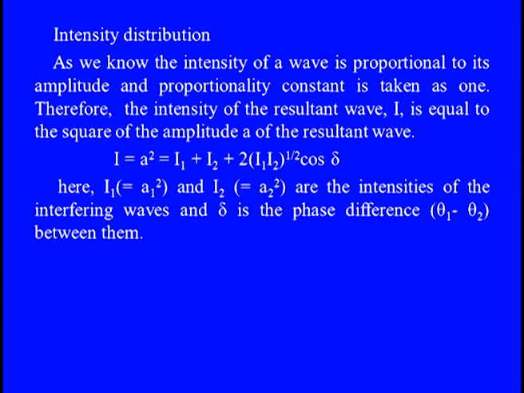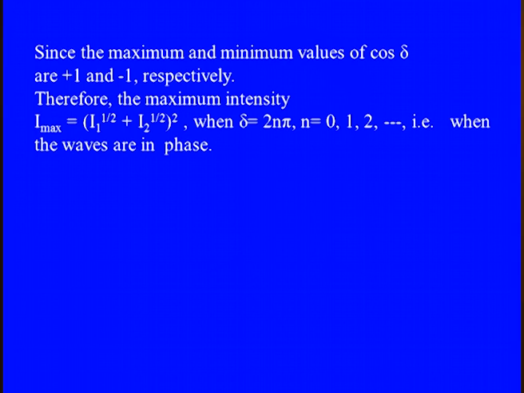Here I1 is equal to A1 square and I2 is equal to A2 square, the intensities of the interfering waves, and delta is the phase difference theta 1 minus theta 2 between them. Since the maximum and minimum values of cos delta are plus 1 and minus 1 respectively, the maximum intensity I max will be equal to root of I1 plus root of I2 whole square when delta is equal to 2n pi.